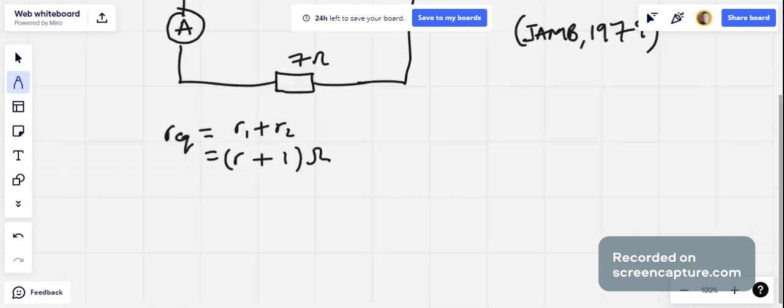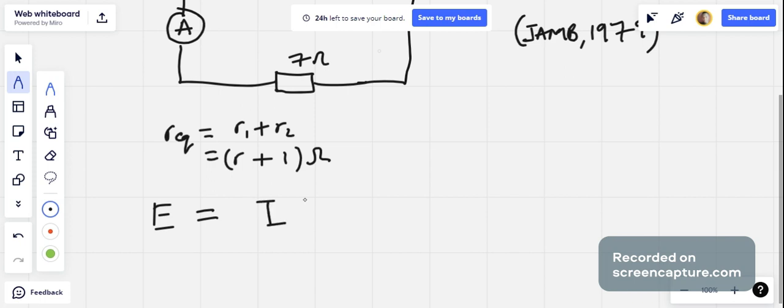So coming back to the formula to analyze a circuit having EMF and internal resistance: EMF E equals the current through the circuit times external resistance plus internal resistance. But this time around, internal resistance will be the equivalent of the two cells. So our EMF we calculated was 0.5.